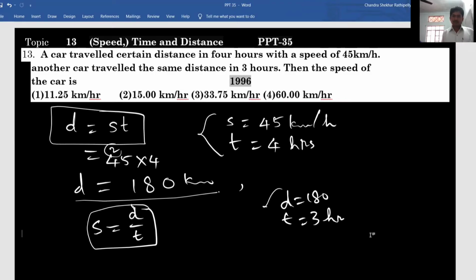Substituting these values in the formula, 180 by 3 is 60. So 60 kilometer per hour.